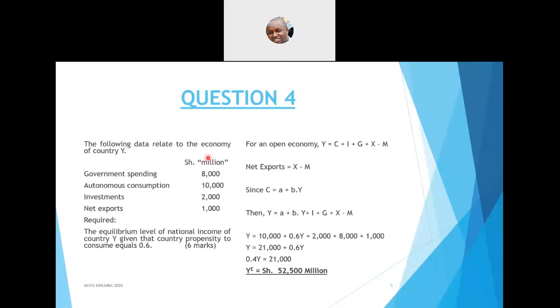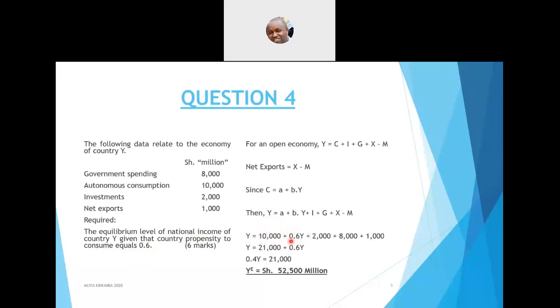I believe you've been able to look at this question, very similar to the previous one. The only thing is that in this case, you've been given marginal propensity to consume as 0.6, and therefore we will not have problems with our consumption function.